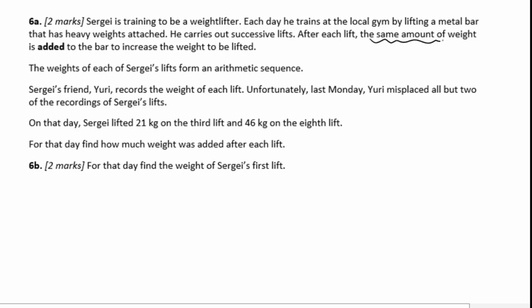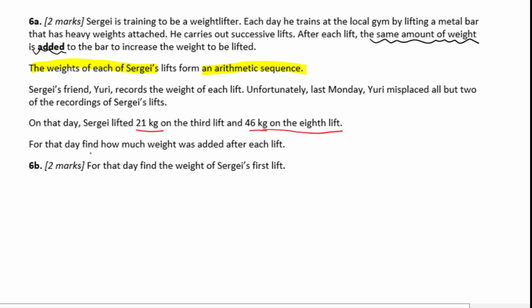The same amount of weight is added, which means this is an arithmetic sequence.